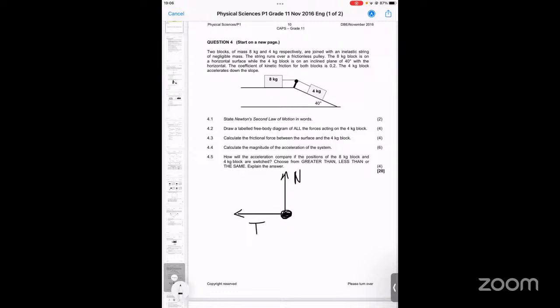FG perpendicular. Okay, in terms of the direction, which direction will it go? Is it up, up towards the right, up towards the left, maybe down, or down towards the left, down towards the right? Just down, sir. Okay, down like that. Yes. And then there will be an FG parallel going to the right, sir. Wait, so you say this one is FG what? Perpendicular, sir. Perpendicular, okay, and then we have this one being FG parallel, you say. Yes, sir.